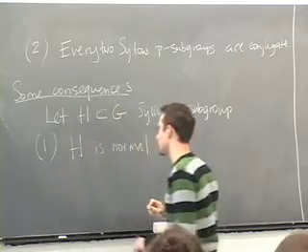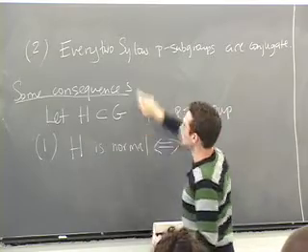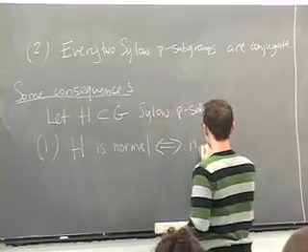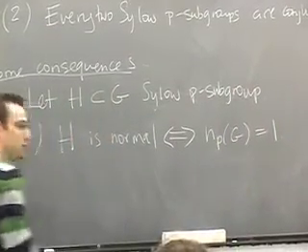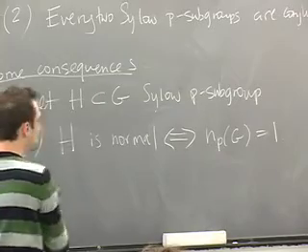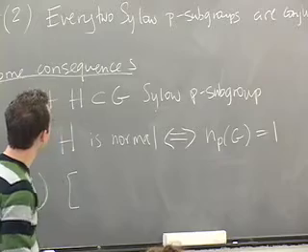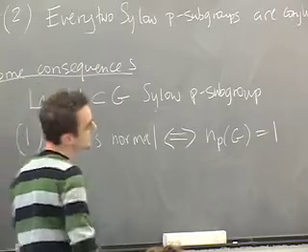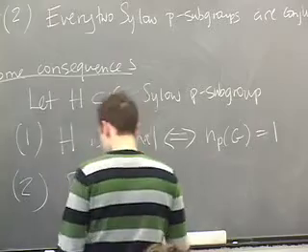We've seen several times that H is normal if and only if, as a result of 2, n_p(G) is equal to 1. This is something you can leverage very much. Another useful thing is that once you have a Sylow p subgroup like this, you know a good deal about its normalizer.